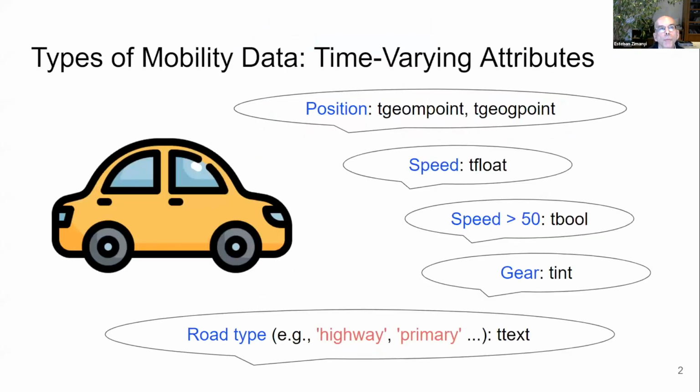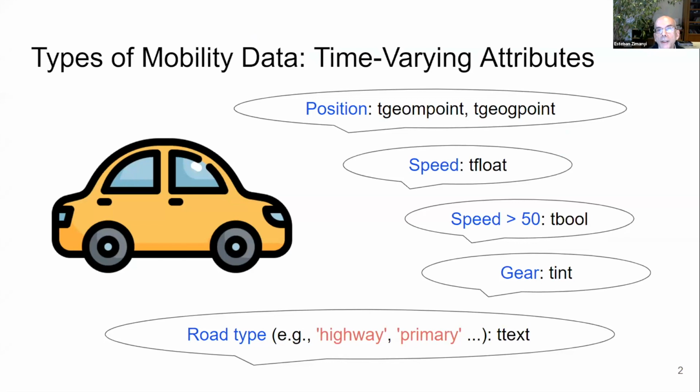So what type of mobility data are we talking about? Of course, the position, latitude, longitude, and timestamp, for which MobilityDB has two data types: the temporal geometric point and the temporal geographic point, the equivalent of geometry and geography in PostGIS.